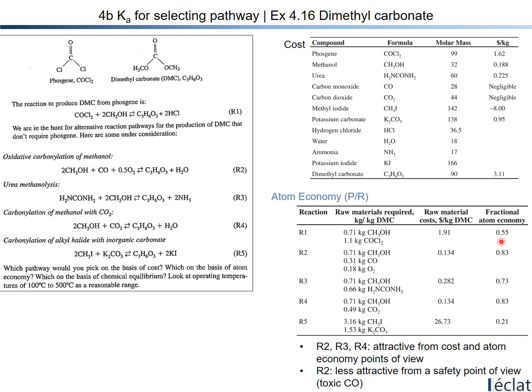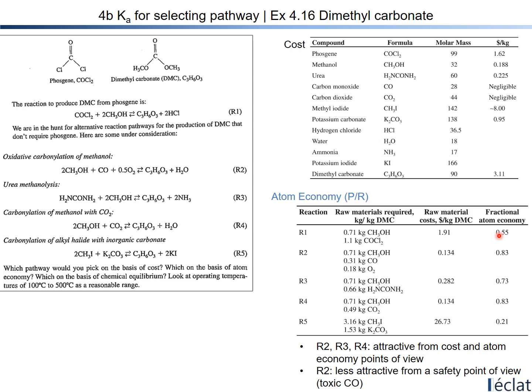The value is 0.55. What is the atom economy? It is the mass ratio of product per reactant. That value is 0.55 for reaction 1, indicating 55% of reactant mass is converted to the product.